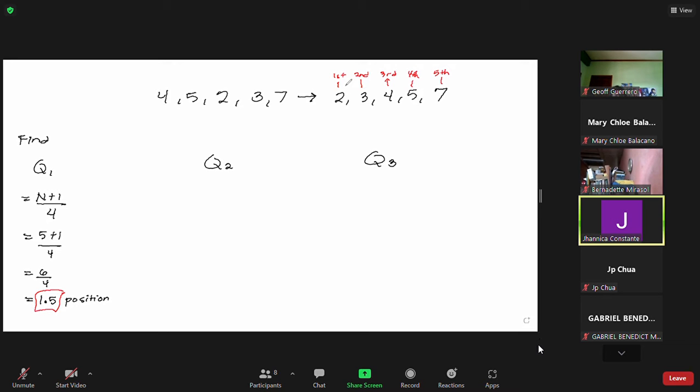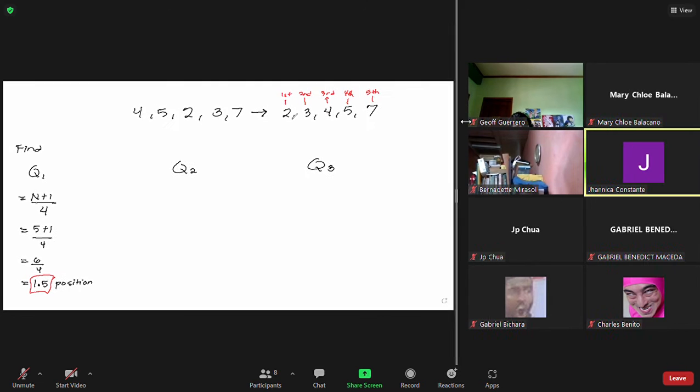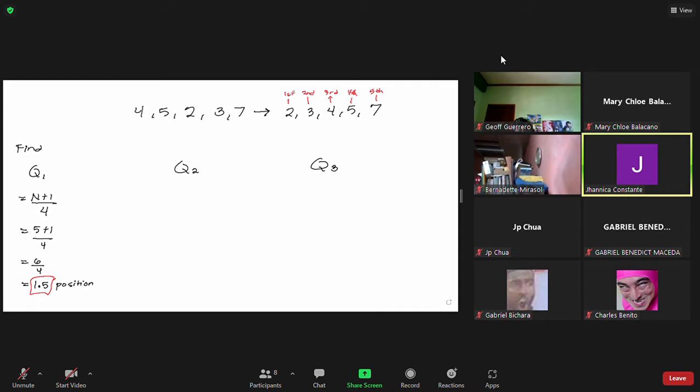Since there is no 1.5 in the set of data that we have, that means it's between the first position and the second position of data that we have. So we're going to add: quartile 1 is equal to our first position plus the second position divided by 2.